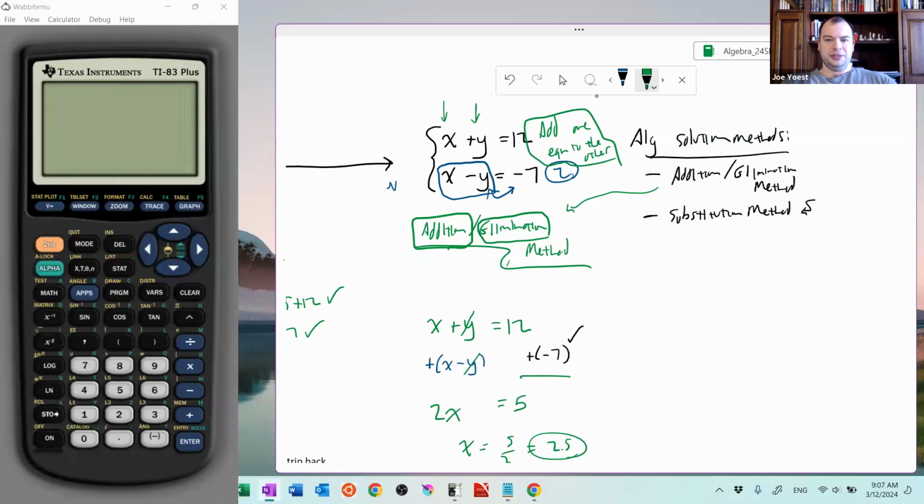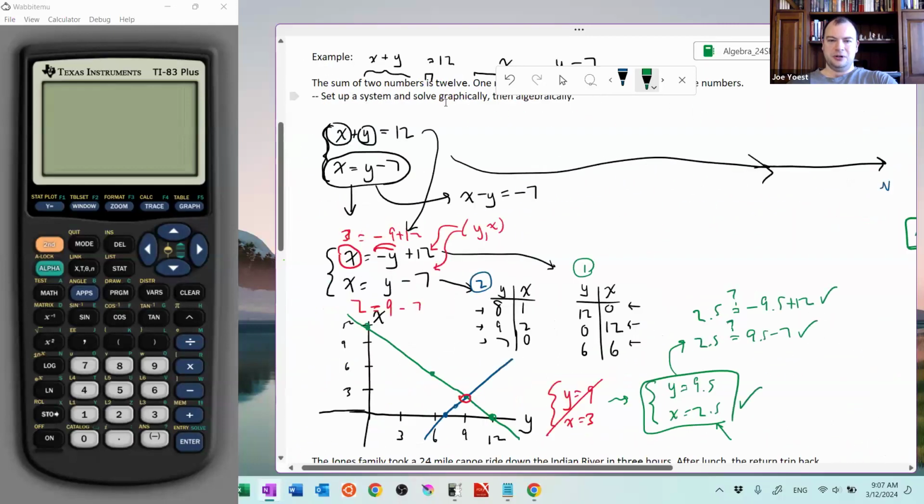So I can add one equation to the other, in addition to all the other things I can do to manipulate equations. I can, like I did to get it into this form, solve one equation for one or the other of the variables. I can move a variable to one side or the other. I can multiply both sides by the same number or add the same number to both sides.